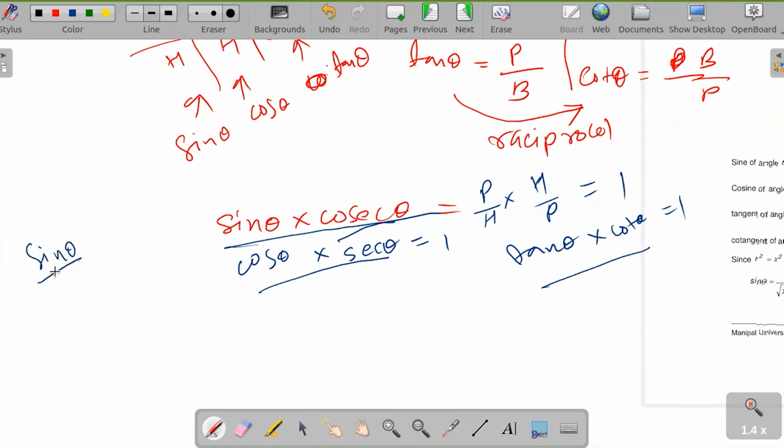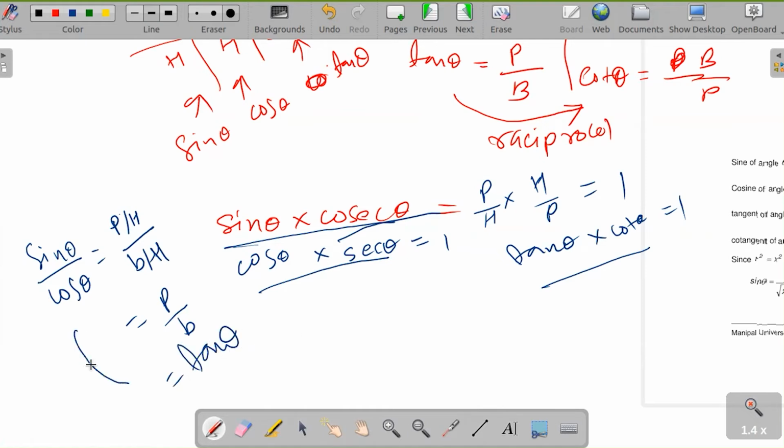Sine by cos, what will you get? Sine is p by h. Cos is b by h. What will be finally? P by b, because h will be cancelled out. But p by b, we know, is tan. So this gives a new identity: sine by cos will always be tan.